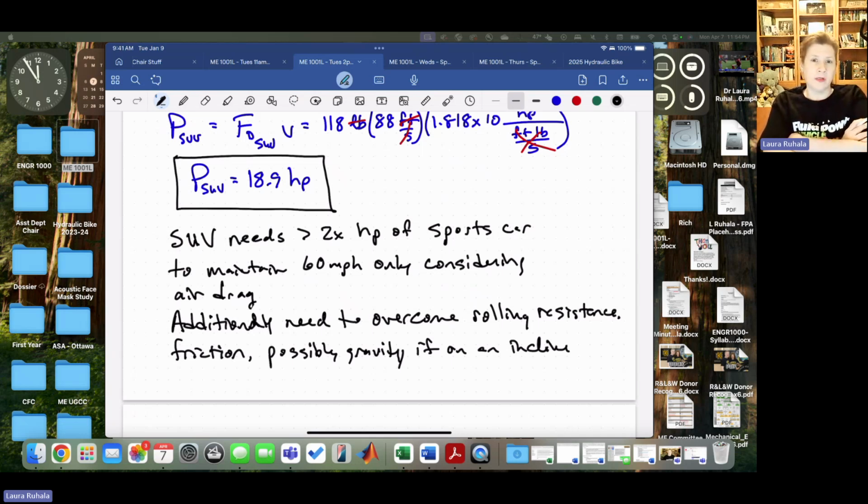This is a luxury sports car; let's say they've gone to extraordinary lengths to reduce the rolling resistance and friction from a whole bunch of different sources. And the sports car will be lighter weight than the SUV. So the possible gravity, if you're on an incline, would be more substantial in the SUV as well, assuming it's heavier.